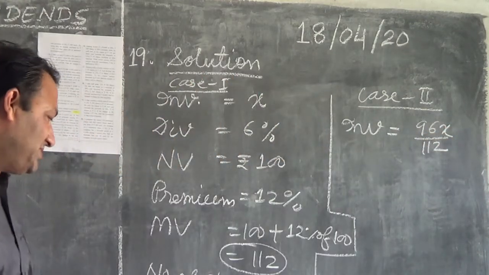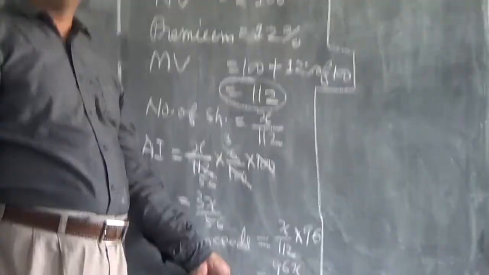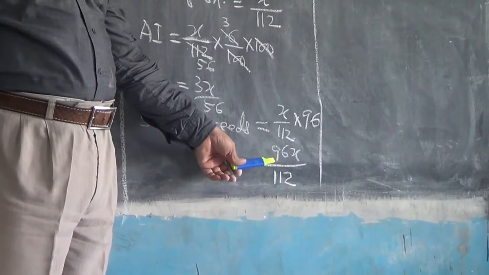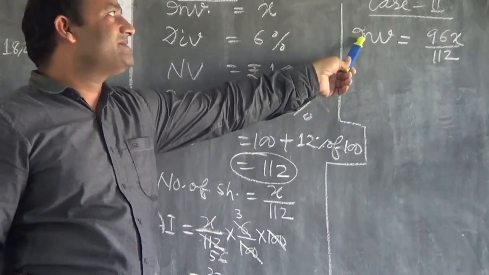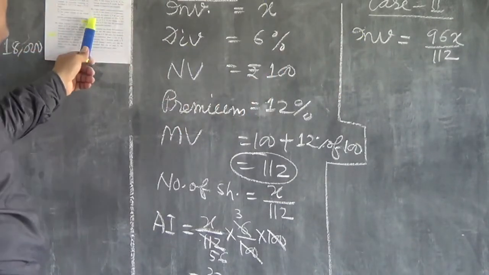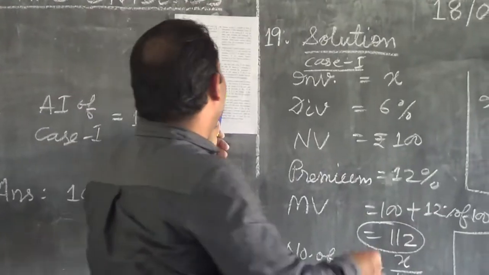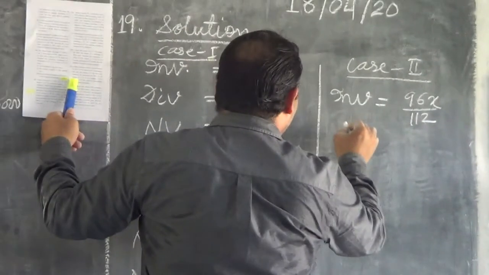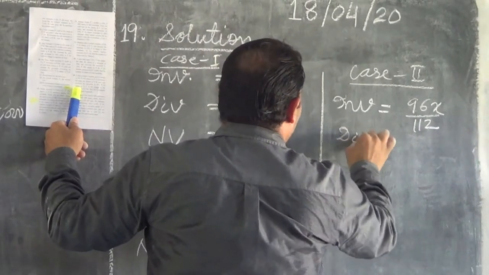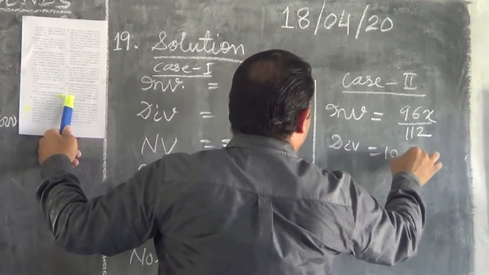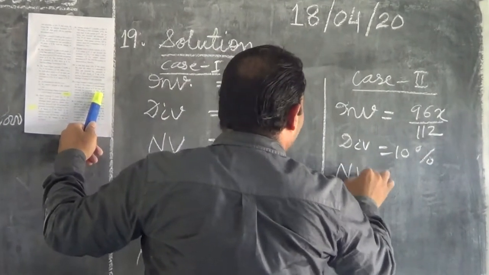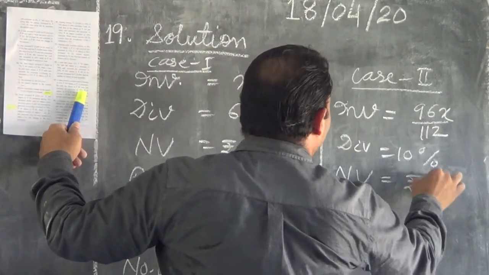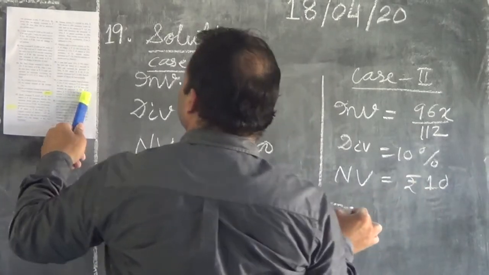So sale proceeds from the first company is equal to investment in the second company. Now in 10% shares, dividend is 10%. Nominal value is rupees 10.